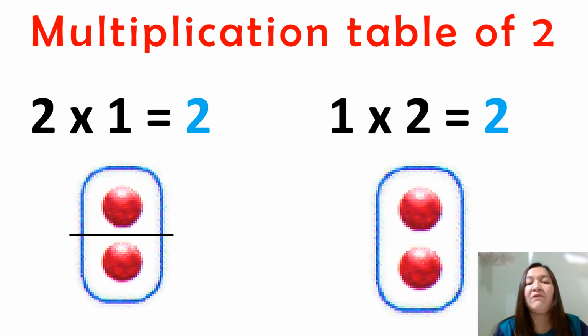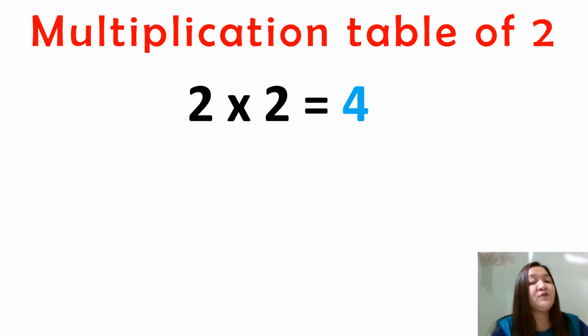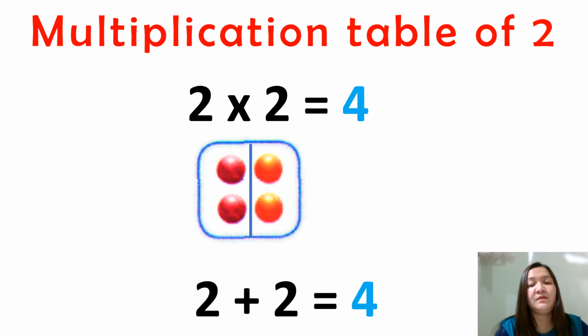This means we have 1 group of 2 balls. 2 times 2 is equal to 4. Or we could also say 2 multiplied by 2 is equal to 4. So we have 2 groups of 2 balls. In addition, we can say 2 plus 2 is equal to 4.